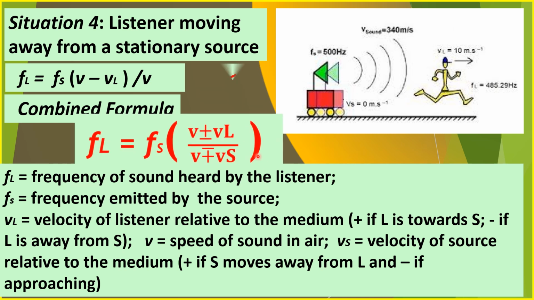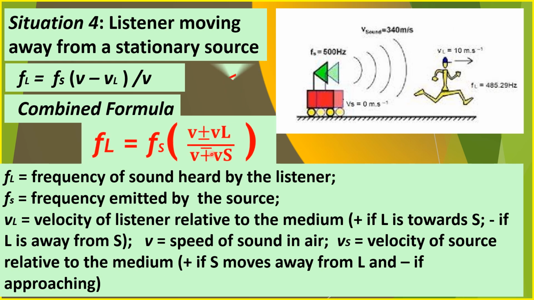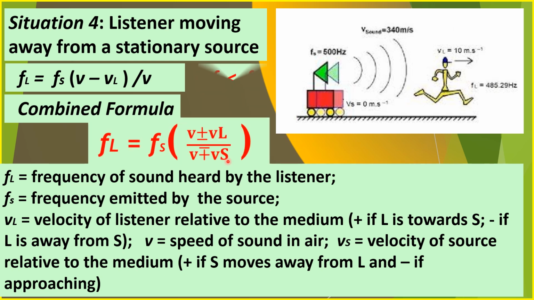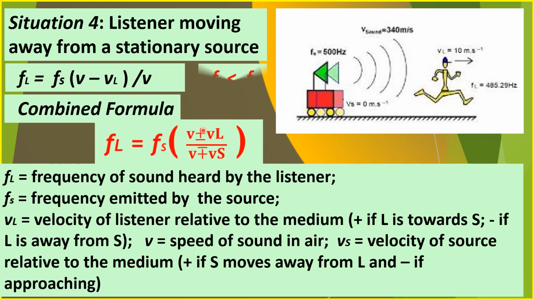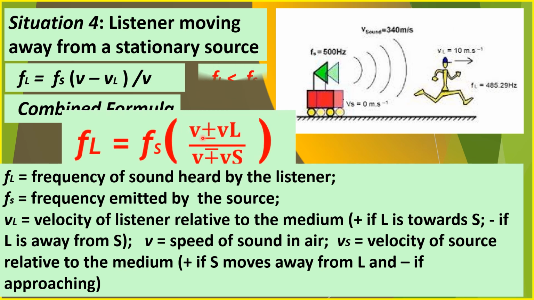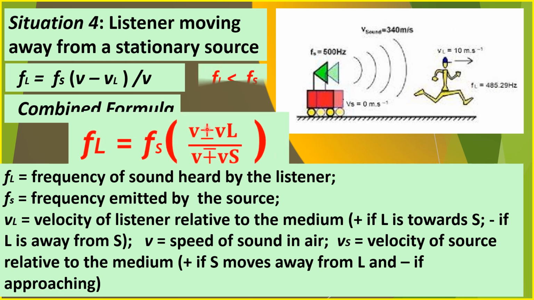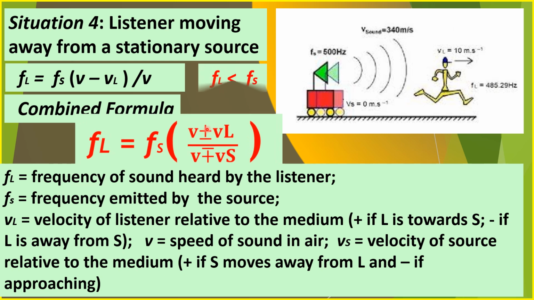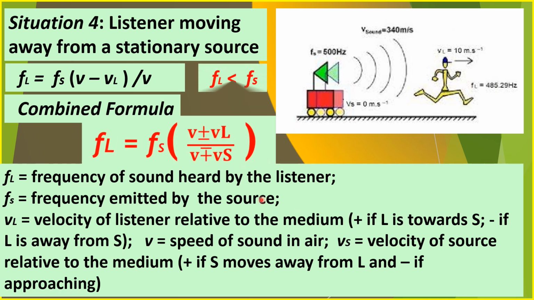You might ask, why is the minus sign written above the plus sign in the denominator? The plus sign in the numerator, which is written above the minus sign, suggests that the listener is moving towards or approaching the source.